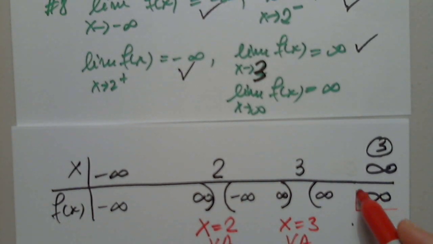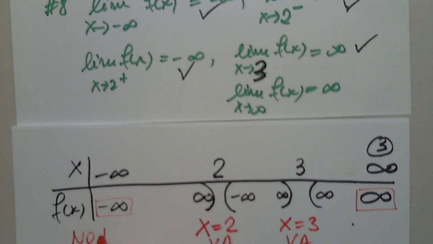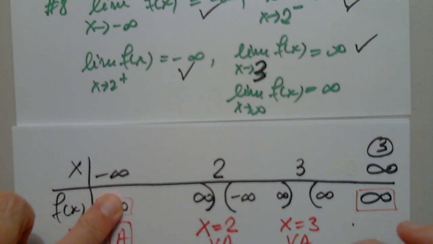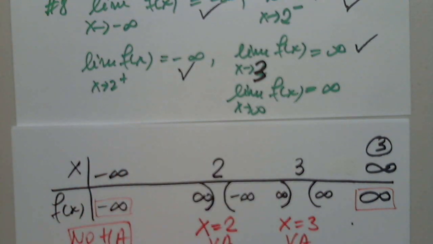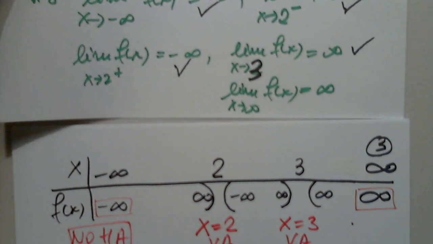Since this is not a number and this is not a number, I will say no horizontal asymptotes. None. If this is 5, then I have y equals 5, a horizontal asymptote. If this is negative 3, then I have a horizontal asymptote negative 3. But if these two are infinities, no horizontal asymptotes.